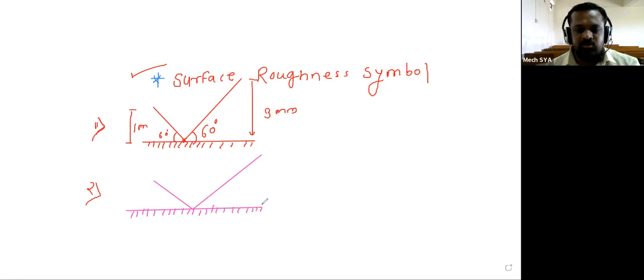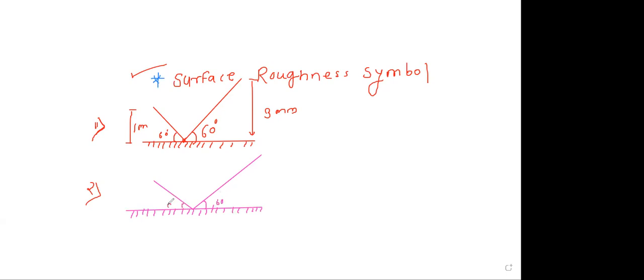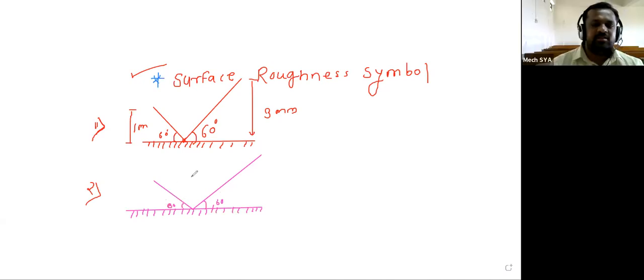So what is this angle? 60. Again it will be 60. What is the difference between symbol number 1 and symbol number 2?